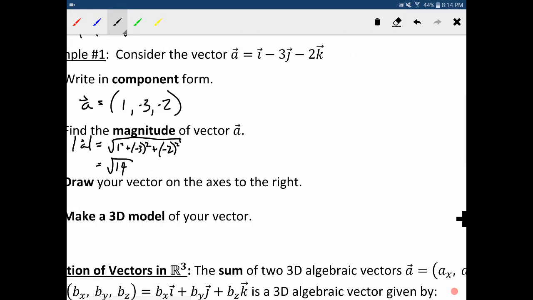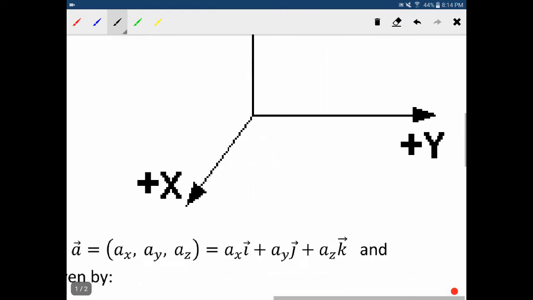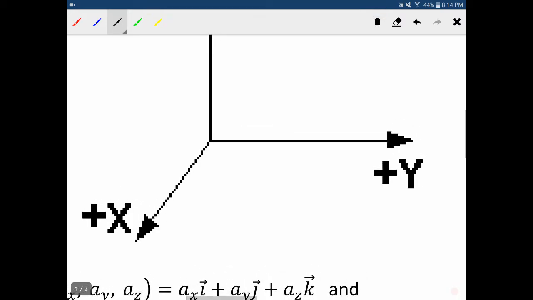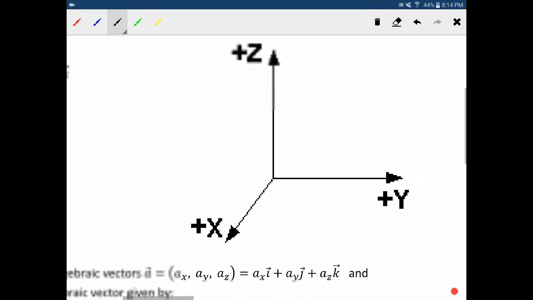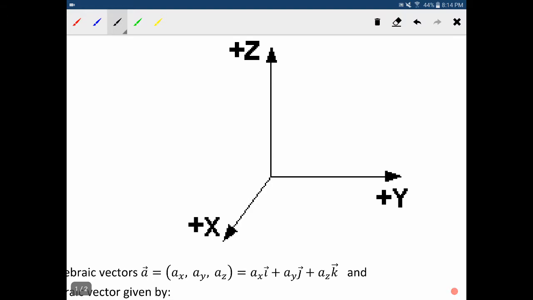To draw this becomes a bit of a challenge, of course, drawing on a three-dimensional plane, but remember, don't get your x, y, and z mixed up. It's not where you might be used to them being. The x comes out, so we come out 1 unit first, and then we go negative 3 on the y, 1, 2, 3, and then down 2 on the z, 1, 2.